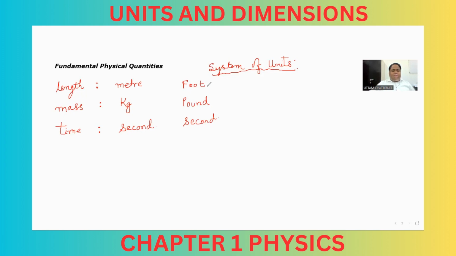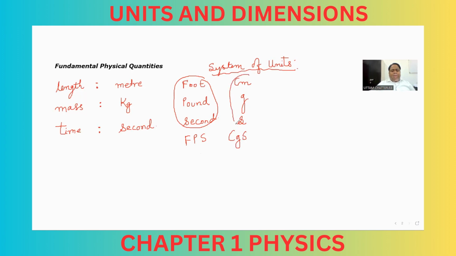So in this case, it is called as FPS system. After that, the method of measuring length with centimeter, mass with gram, and time with second became popular. This is called as CGS system.